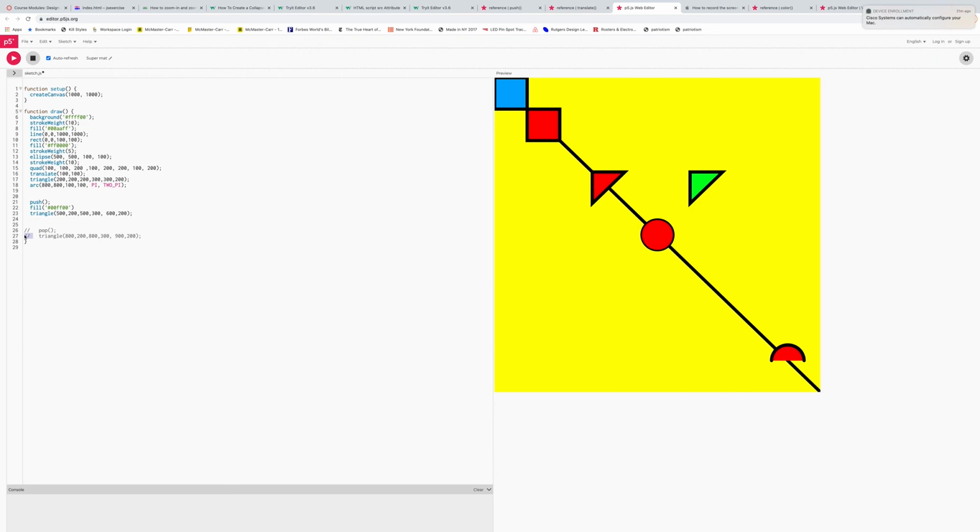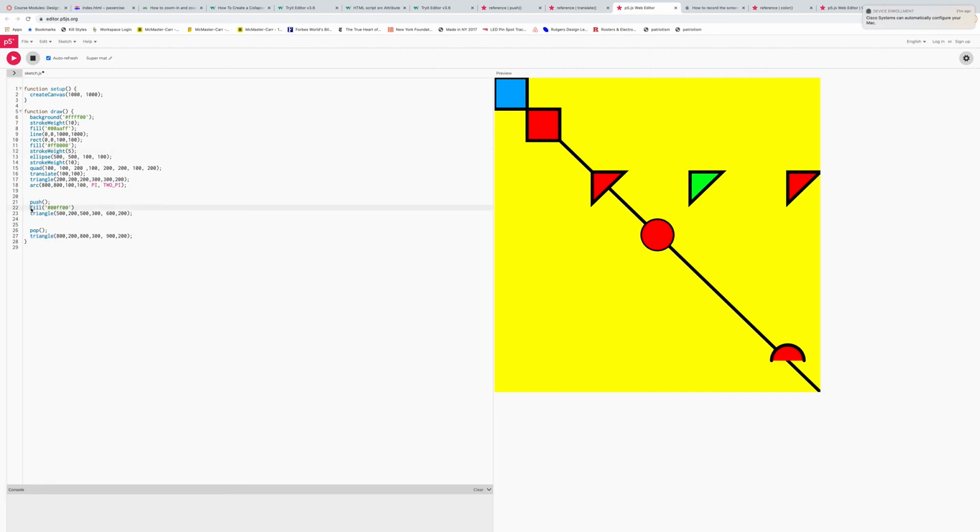I can use the pop function. And what the pop function does is it brings back the original styling that I had attributed to the triangle, or whatever shape I'm calling out. So in this case, I have the stroke weight of 10, and I have the fill of red.